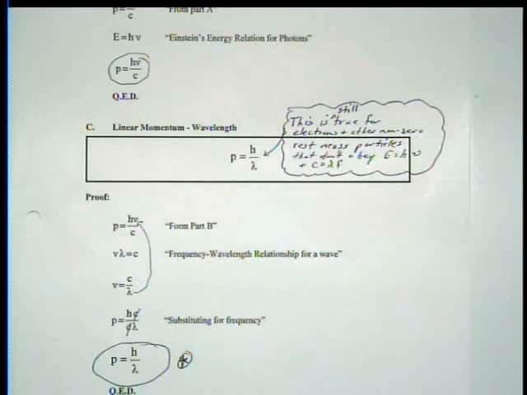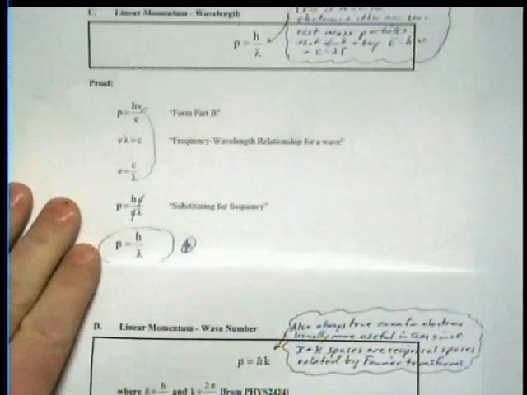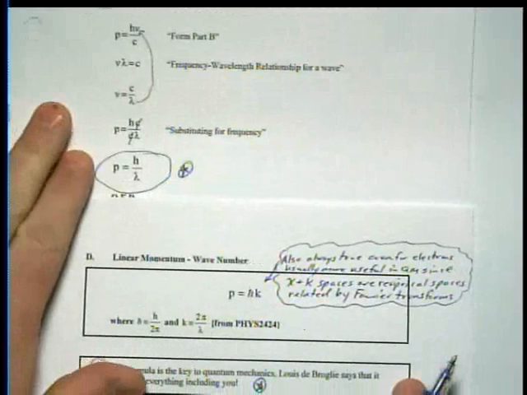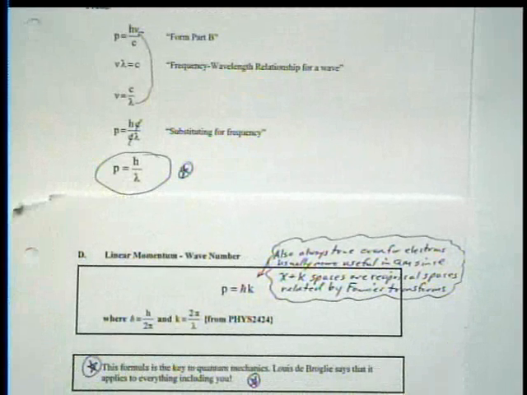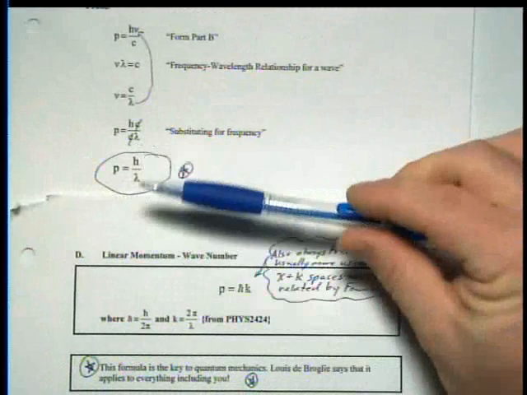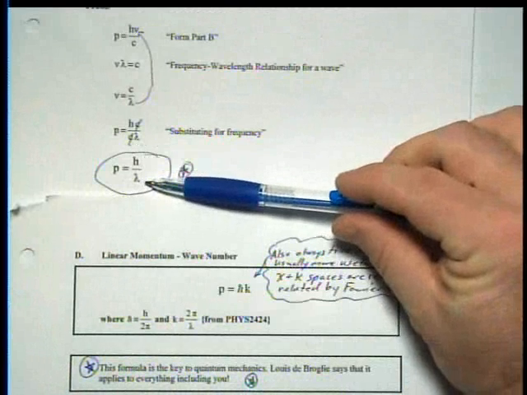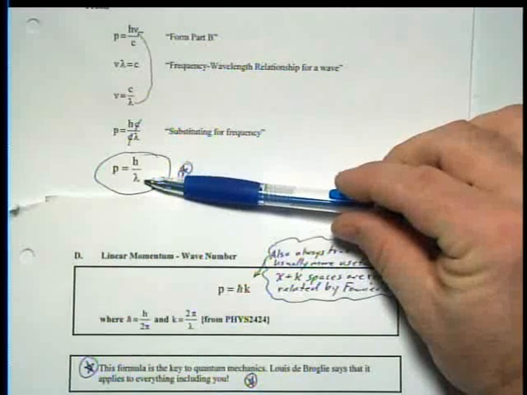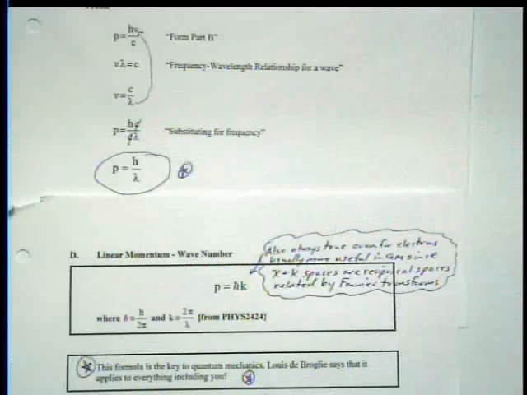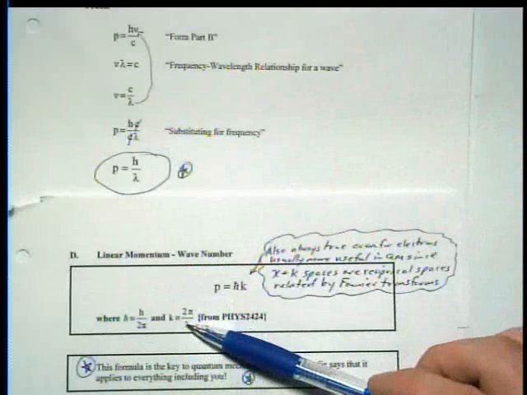And the last thing that I put in the notes is you can write it one more time by doing a little bit of algebra, which would seem maybe not to be much use, but turns out it is. And that's if you come back up here and you say, hey, lambda, the wavelength, can be related to the wave number, as in physics 2, where the wave number k is 2 pi over lambda.